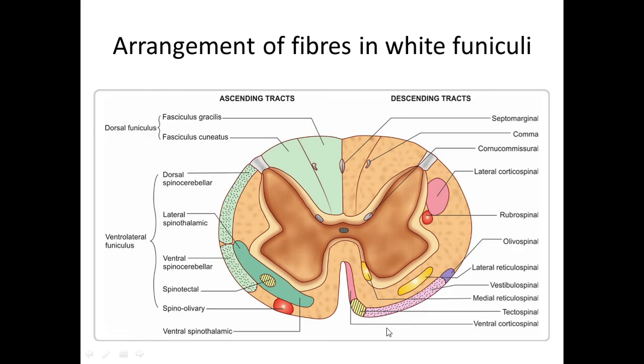Now the descending tracts. In the anterior funiculus, the descending tracts are the ventral corticospinal, then the tectospinal, then the vestibulospinal, and lateral to it, very short, the olivospinal.